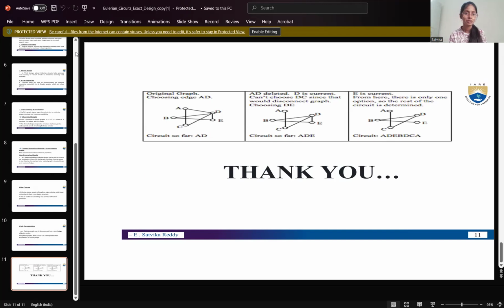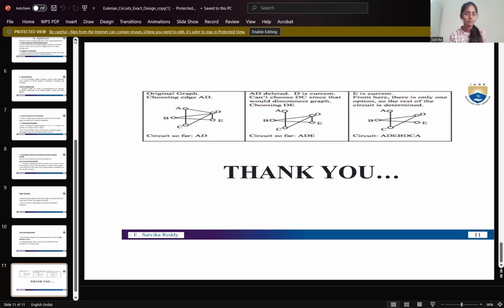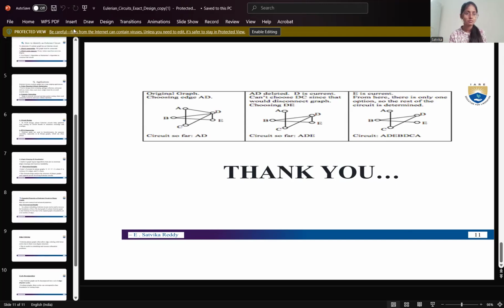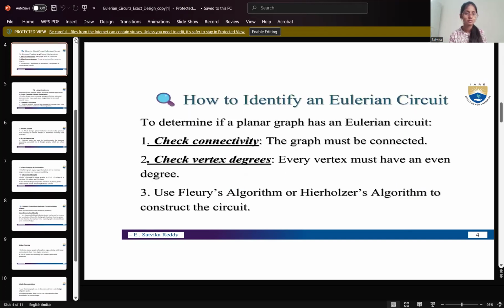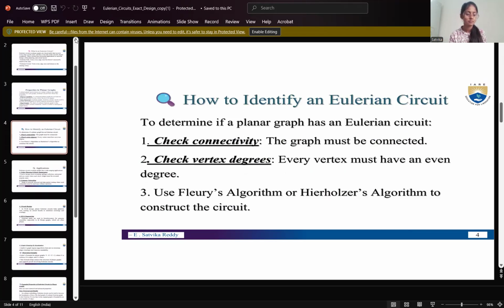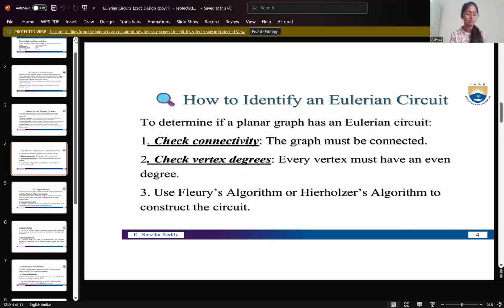Let's go into a quick recall. First, definition. What is an Eulerian circuit?